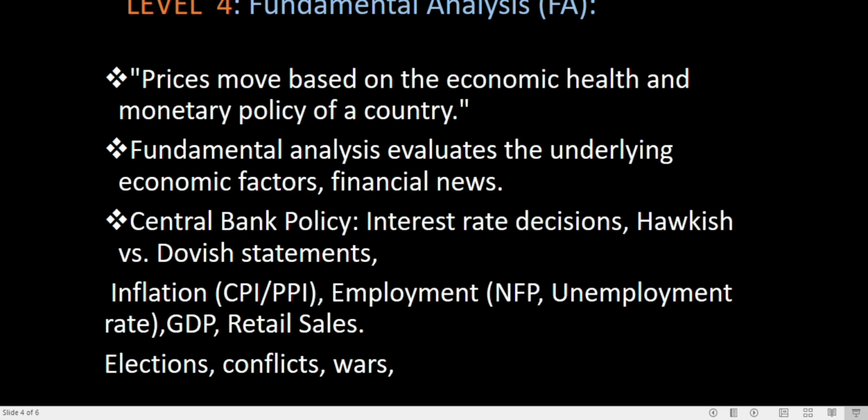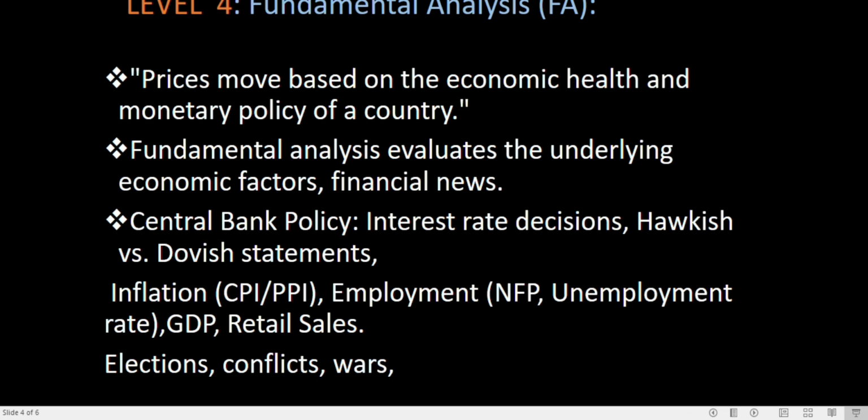Then central bank policy, interest rate decision, hawkish versus dovish statement. Just like what I said now, if the statement is negative, that means it's going to have a negative impact on the country's currency in the forex market. If it is positive, it's going to have a positive impact on the country's currency.